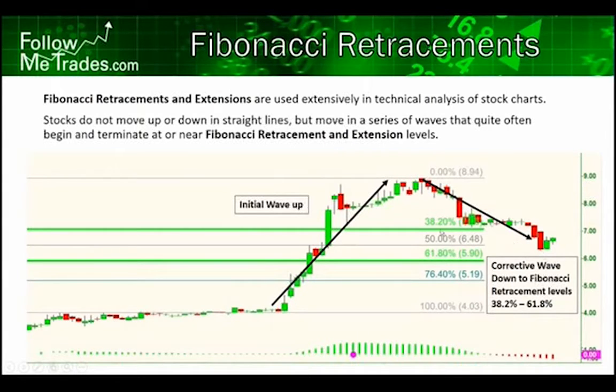We like to see it come down from 38.2 to 61.8. And if it does that, so not all retracements do, but if it does, it's really a clue that what we have forming here is a fairly predictable pattern. And if we have the early stages of this pattern falling into expected parameters, then the subsequent parts of this sequence have a higher and higher probability.